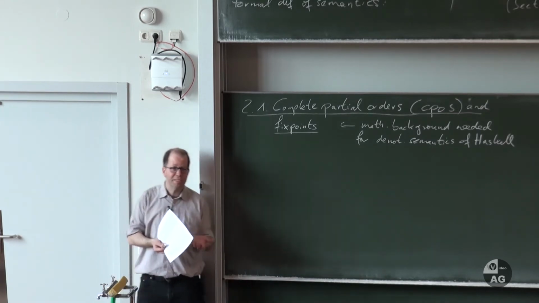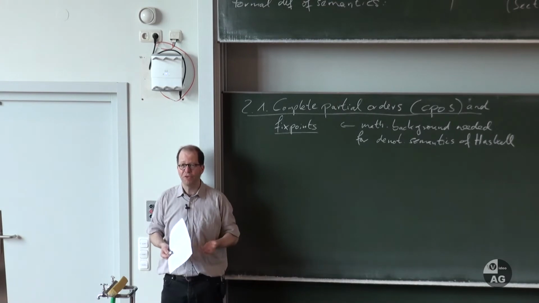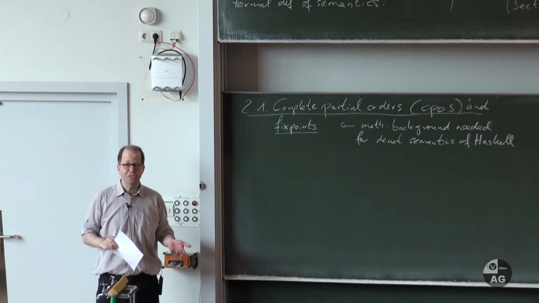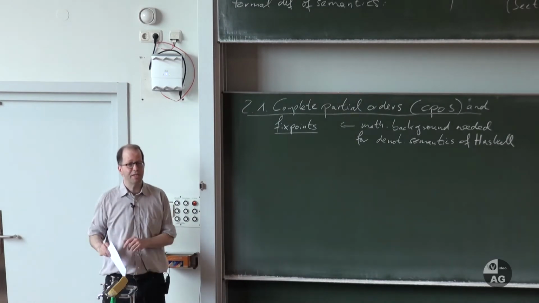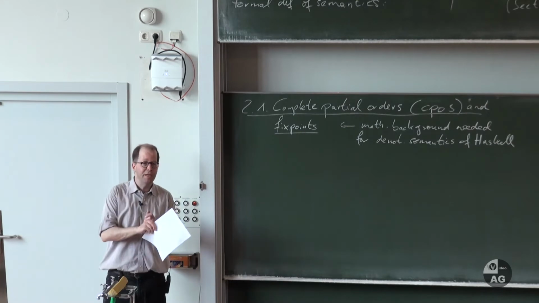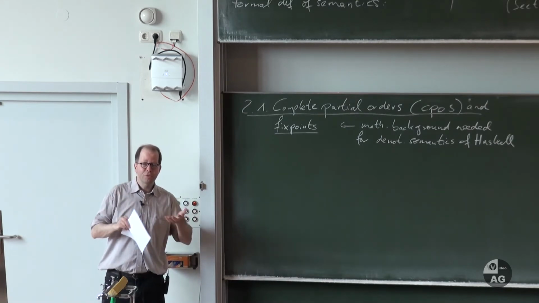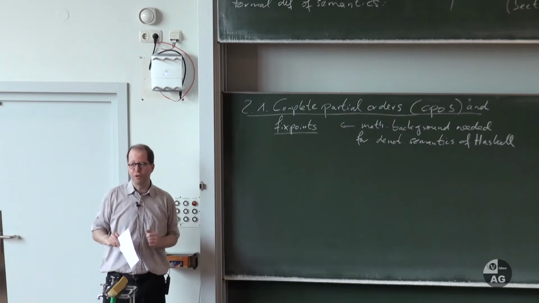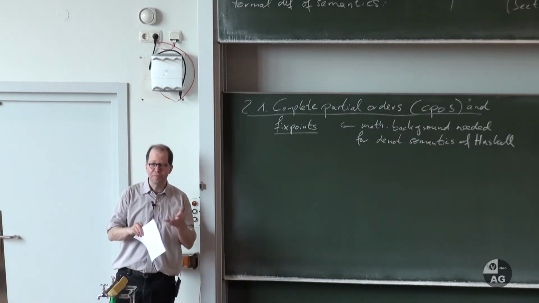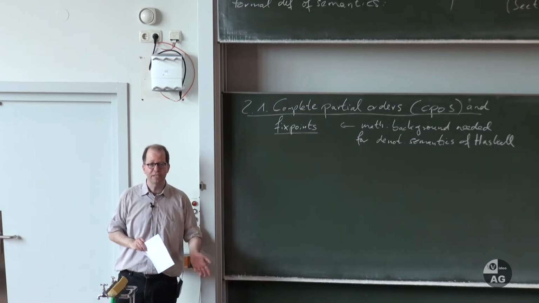So there should be mathematical values that stand for undefinedness. And even worse, there might be functions that terminate sometimes and don't terminate for other inputs. Or there might be tuples where one component is a number, but the second component is something that doesn't terminate. So there are different degrees of definedness and undefinedness.